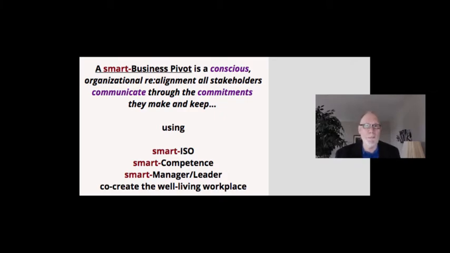To be able to put a business pivot in action, there are a number of ways to look at it. The first one is to use Smart ISO. Smart ISO is about the International Standards Organization standards that are set and recognized around the world.